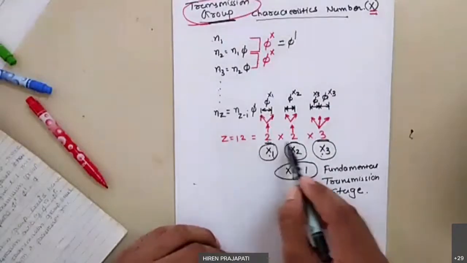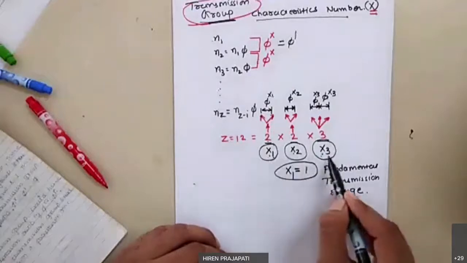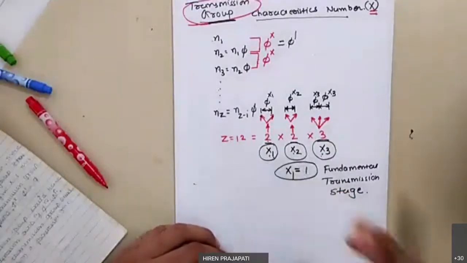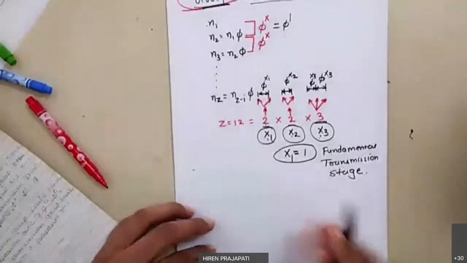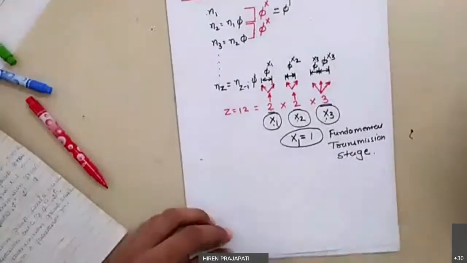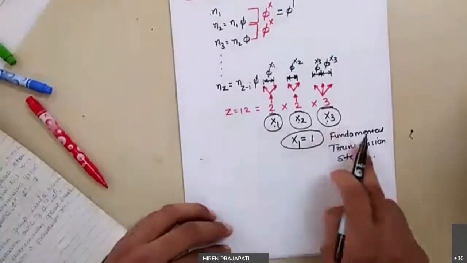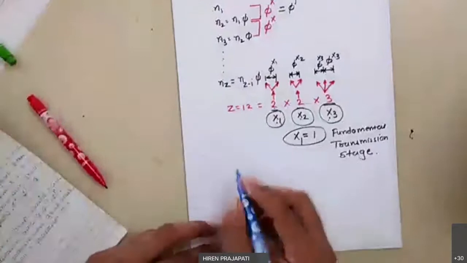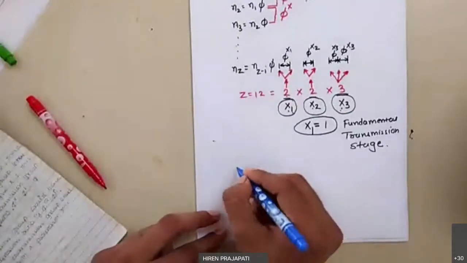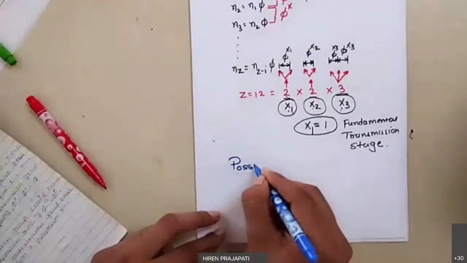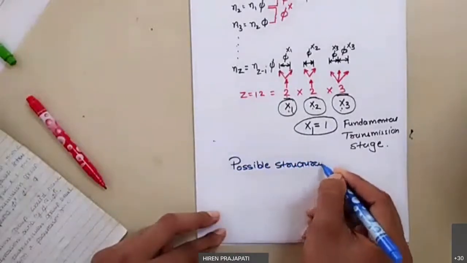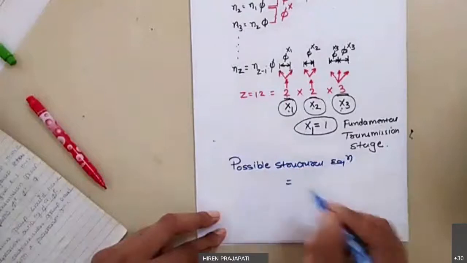If there are three stages, then there are three possible x values, right? So now, what are the possible structural equations in general due to this group characteristics number?